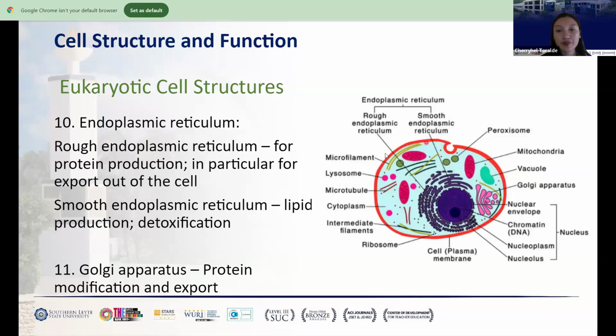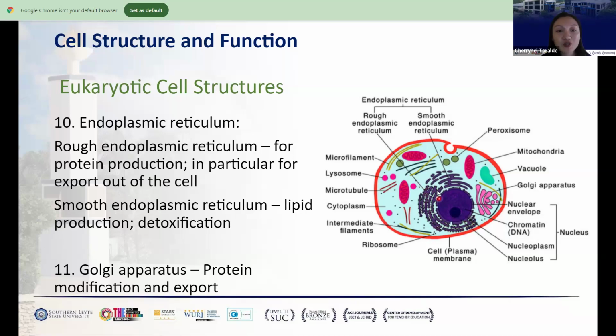And then, meron na naman akong ibang diagram to make it better na mas distinguishable. Especially tong rough and smooth endoplasmic reticulum. So, di ba? Near here, the nucleus, you can see this, para siyang may tigyawat, may pimples.